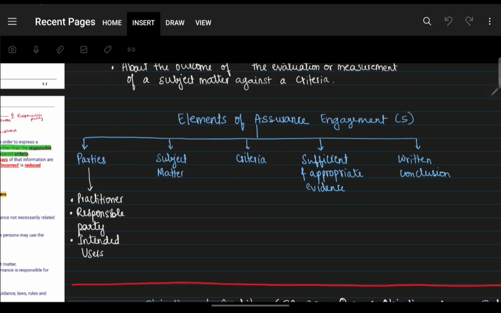Okay, so here the parties are the practitioner, the person who does the checking, the person who checks the subject matter against a criteria. Responsible party is the party that is responsible for the preparation of the subject matter. So the responsible party gives the subject matter. Intended user is the person who uses that subject matter to make any informed economic decision.